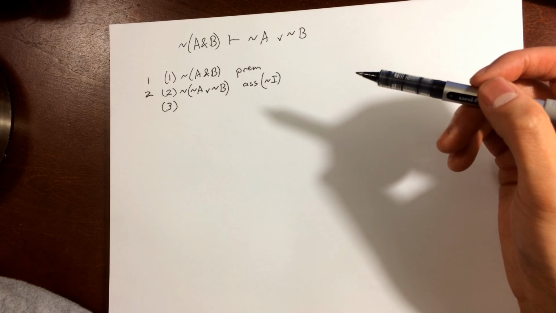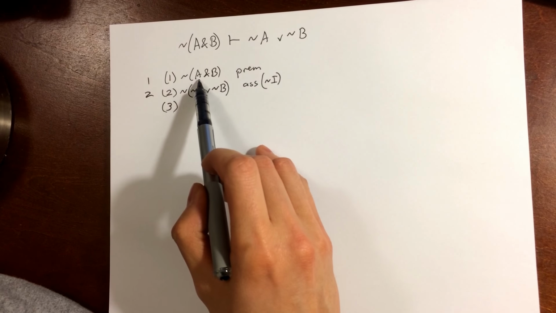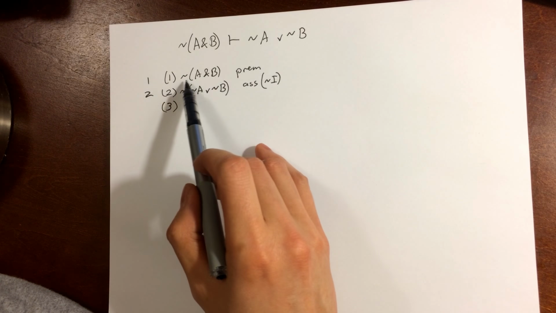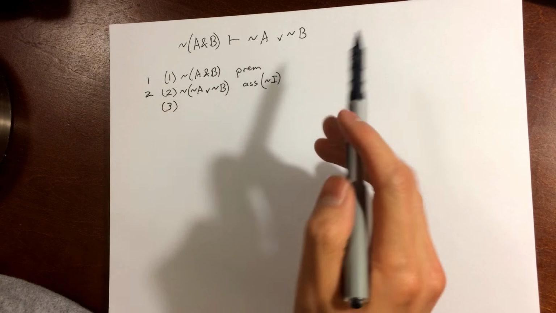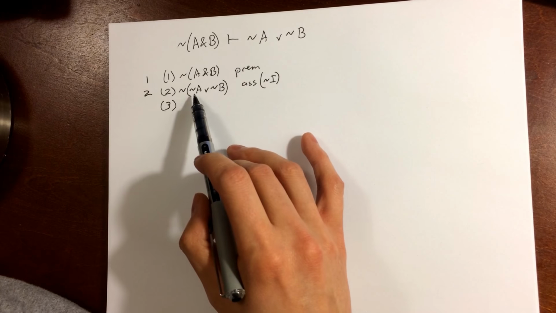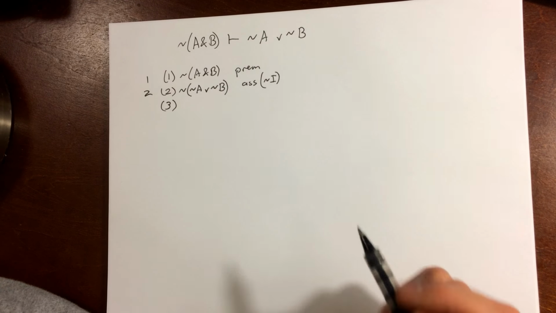So I'm thinking that you're going to get a contradiction from this and the negation of this. So not (A and B) will produce one of our contradictions. And not A or not B will allow us to produce more contradictions.